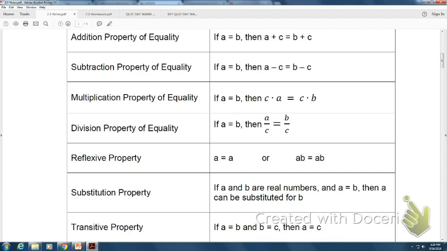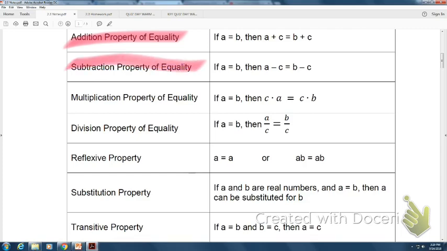The first one is the addition property of equality. If A equals B, then A plus C equals B plus C. So if these two are the same, then if you add something to it, it's still going to be the same. The next one is the subtraction property of equality.